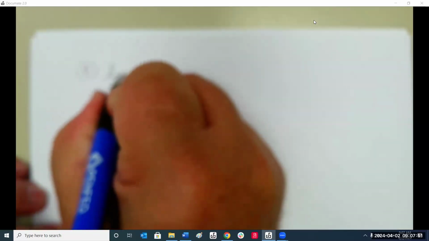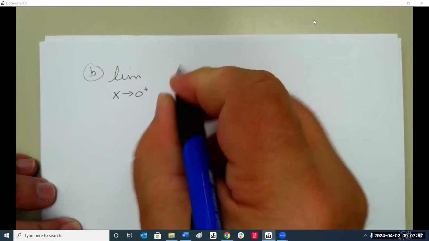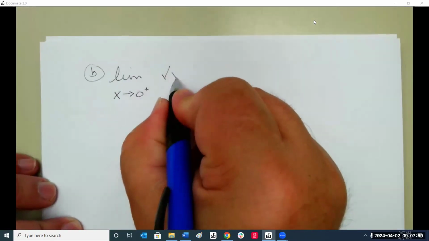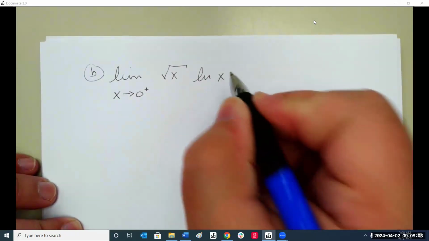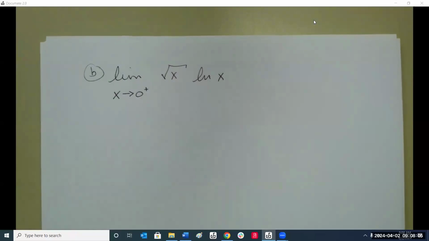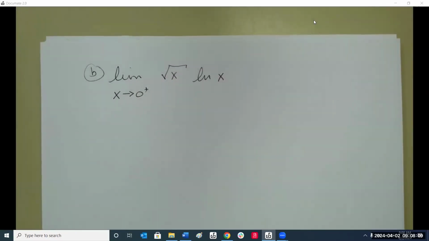5b. The limit as x approaches 0 from the right of radical x ln x. Okay, here's a question. Why in this one do I only look at one-sided limits?